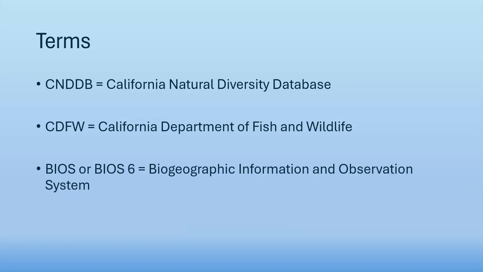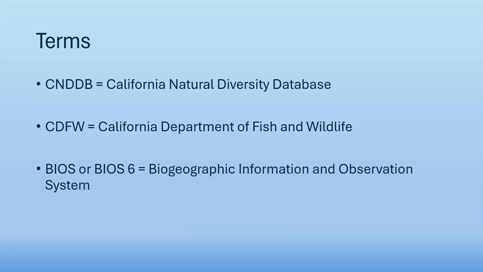So first things first, a quick rundown through some of our terms or abbreviations you'll hear me throwing around today. The first is CNDDB. What does that even stand for? Well, CNDDB stands for the California Natural Diversity Database. This is an inventory of the status and locations of rare plants and animals documented in California.